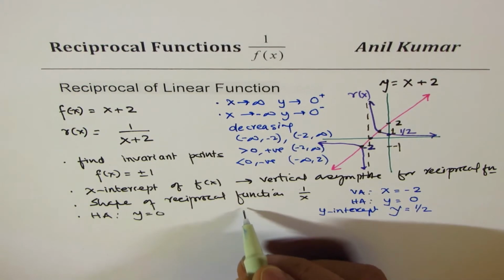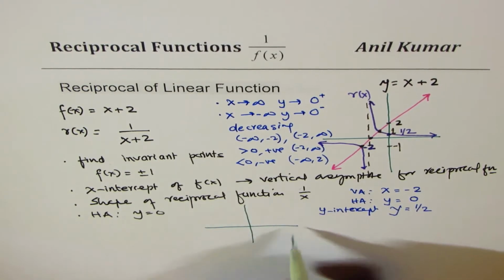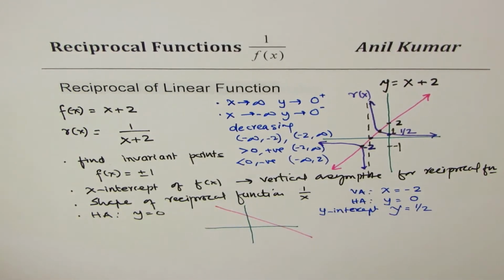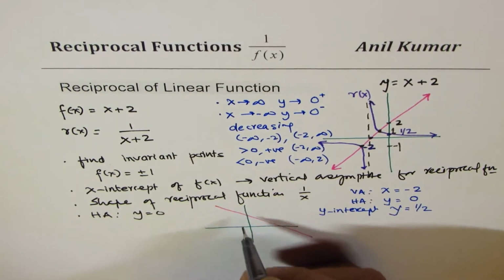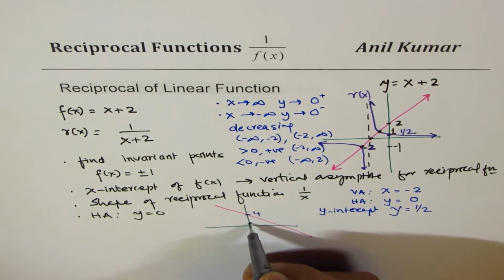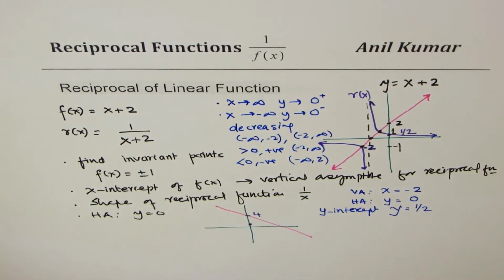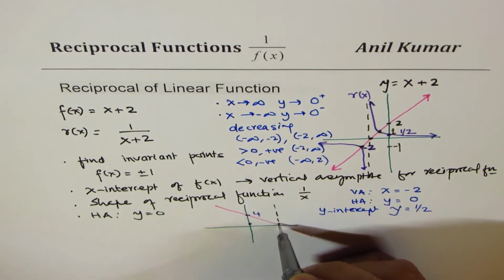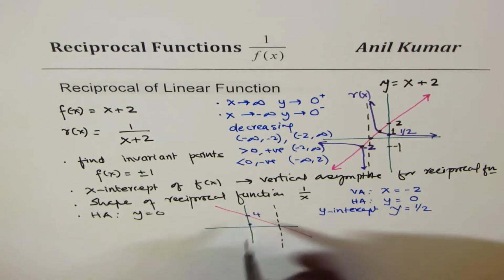So a line could have been dropping down with a negative slope. Let me take that kind of line also. Let's say like this. In that case, assuming that this point is, let's say, 4, the reciprocal of 4 will be 1 by 4, correct? Here we have an x-intercept, so a vertical asymptote at this point.